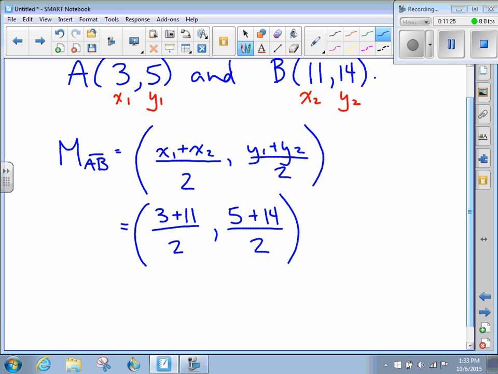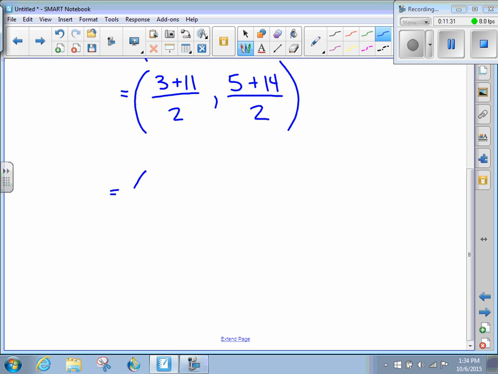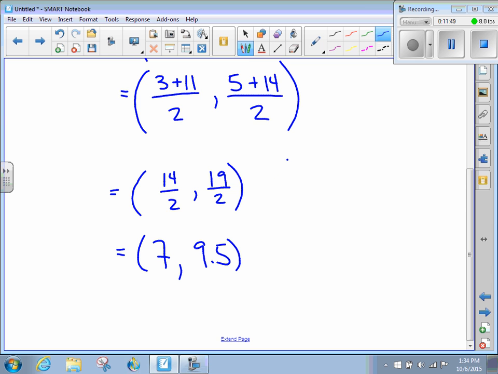So, a little bit of math. 3 plus 11, 14 over 2, 5 plus 14, 19 over 2. If we had to graph this as a coordinate, I would let you convert it into decimals because graphing fractions is ugly. So it would be 7 at 9.5.